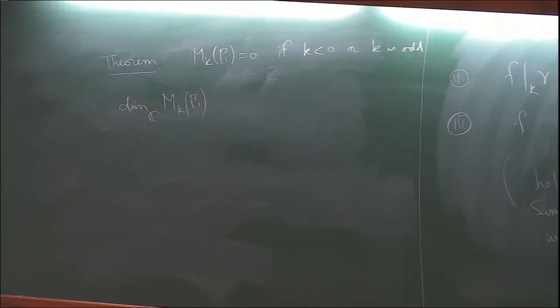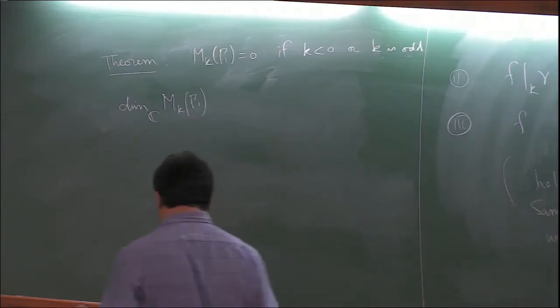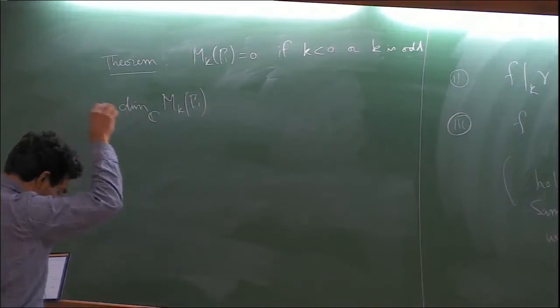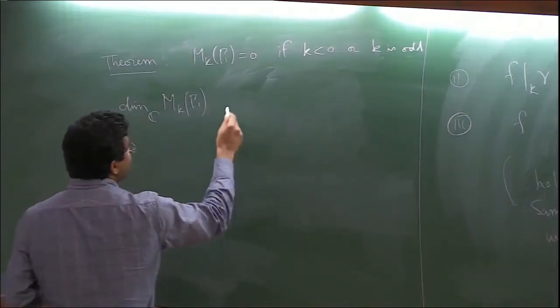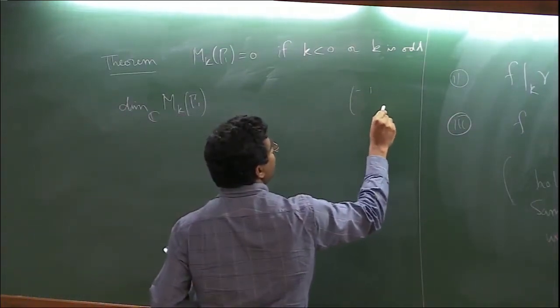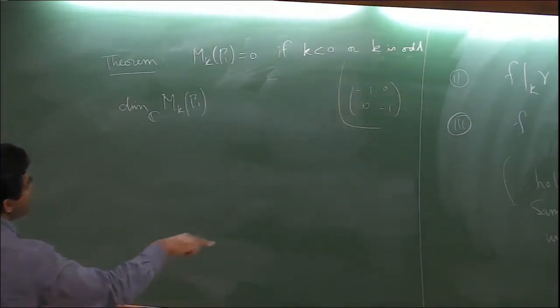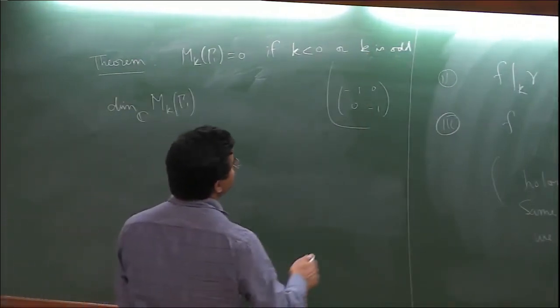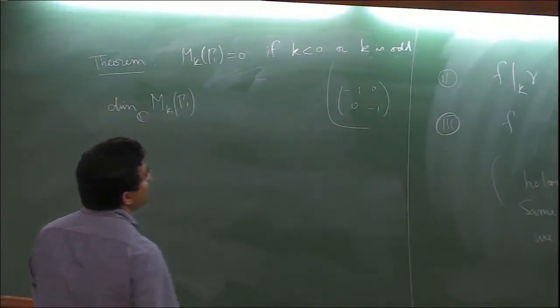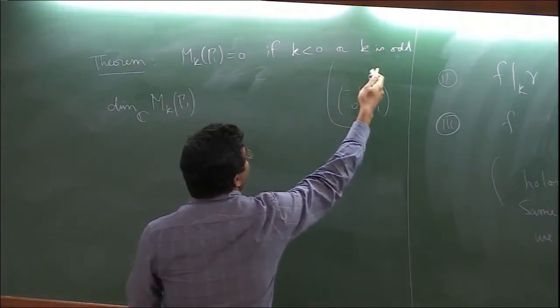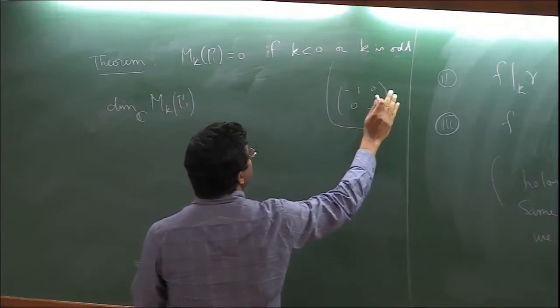Because if k is odd, by taking minus 1, you would get that f of z is minus 1 to the k times f of z, and if k is odd, then f of z is minus f of z.